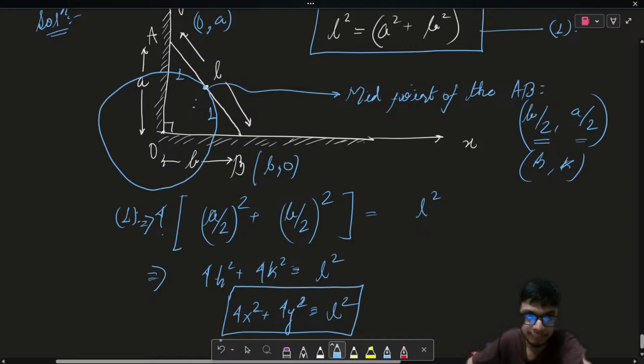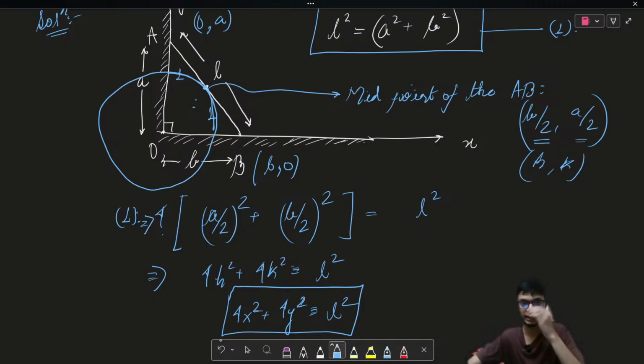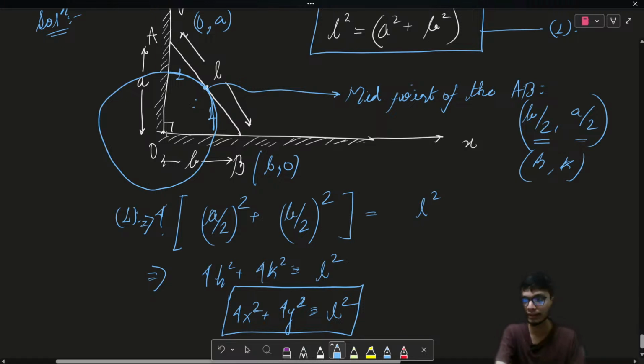But the ladder won't go over here, so it will be sliding something like this. So the midpoint will follow this particular curve along the circle. If you observe the midpoint of the ladder while it is sliding down slowly, you will see that it traces an arc of a circle. So that is the basic understanding of the locus.